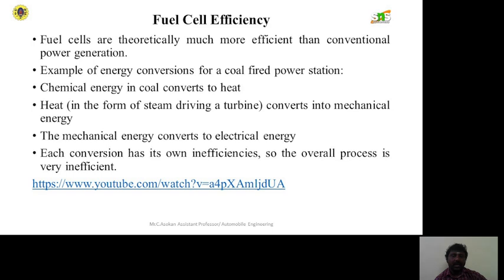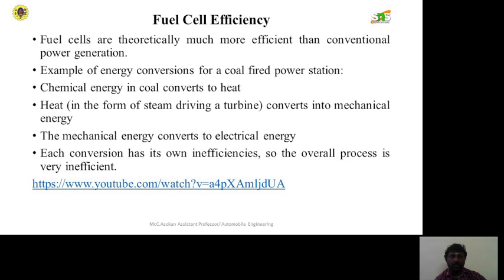In fuel cell efficiency, fuel cells are theoretically much more efficient than conventional power generation. For example, in energy conversion for a fossil fired power station, chemical energy in fuel converts to heat.